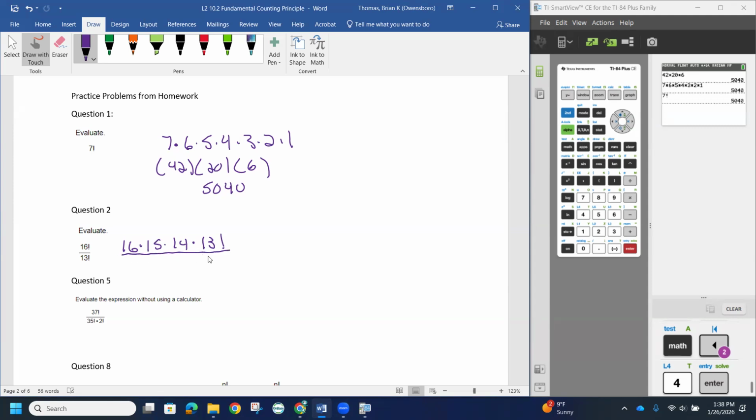Notice how I'm dividing by 13 factorial. Notice that the 13 factorials would actually divide out. And really, the only math I have to do is 16 times 15 times 14. So if I do 16 times 15 times 14, that will give me 3,360.